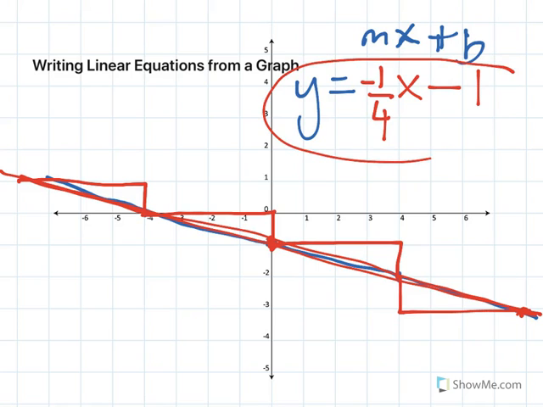Okay, so that's really all there is to writing a linear equation in slope-intercept form using a graph. Figure out the y-intercept, figure out what the slope is just by counting blocks, and then put it in y equals mx plus b form.